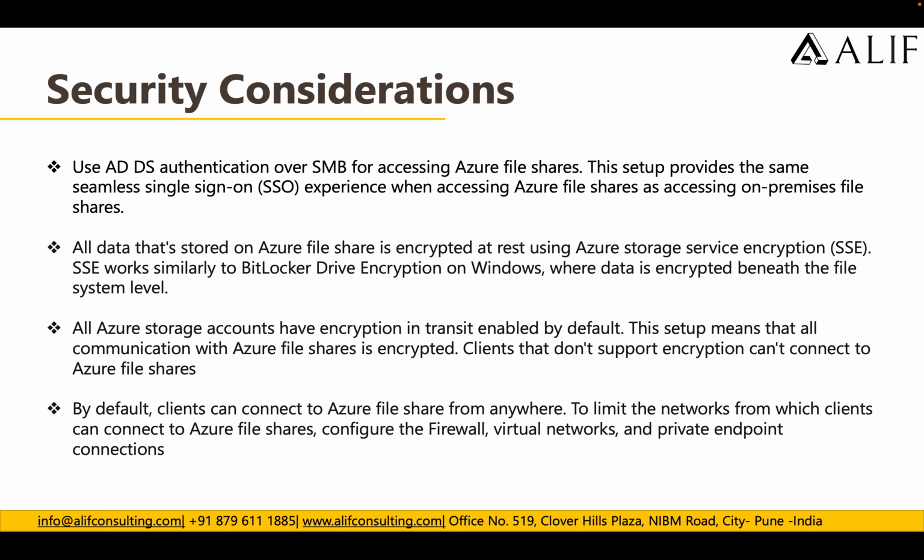By default, as I told you, all the file shares are accessible across the public network. Customer clients can use the public endpoint to connect to the Azure file share, but if you really want to restrict it and only allow connecting over the private network, you can enable the private endpoint on it, and with that, it will only be accessible inside the virtual network.